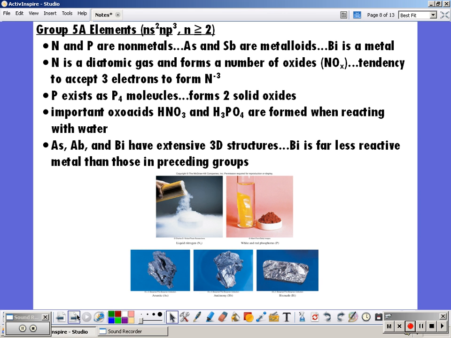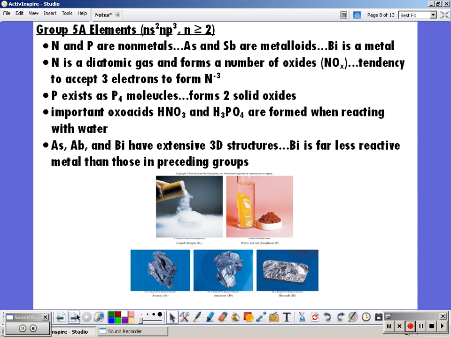So some important oxy acids would be our nitric acid and our phosphoric acid. They're formed when nitrogen oxides and our phosphorus oxides react with water. Arsenic, that should be Sb.